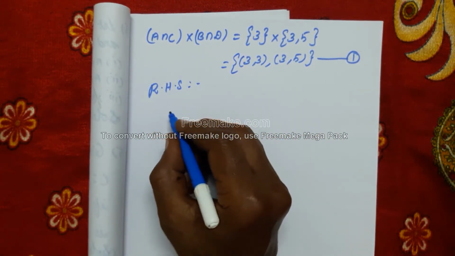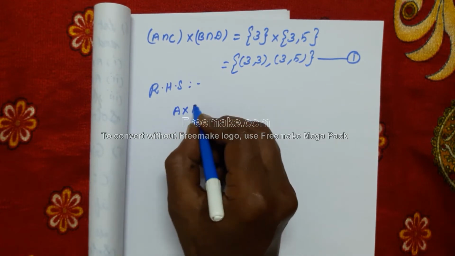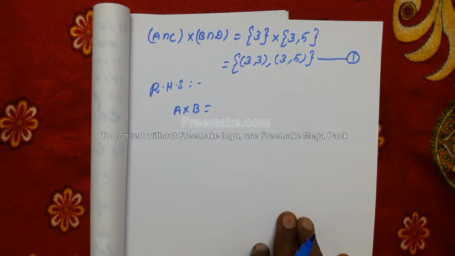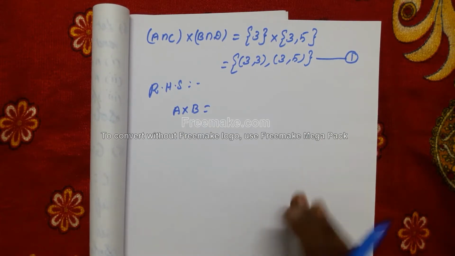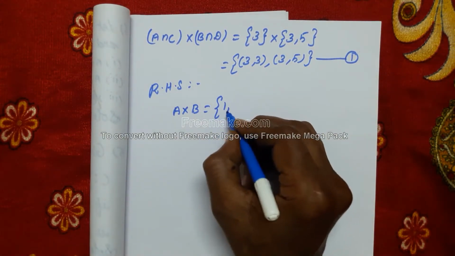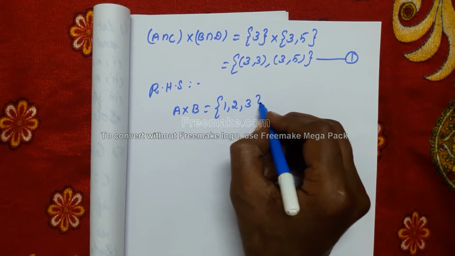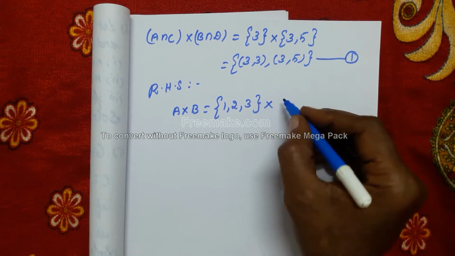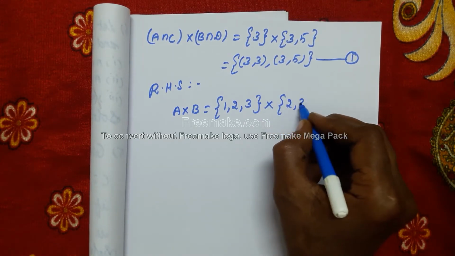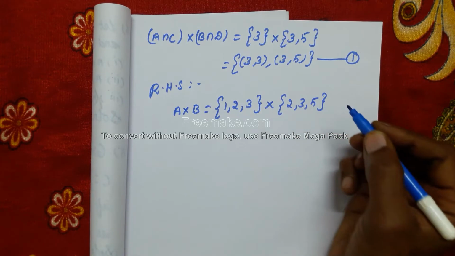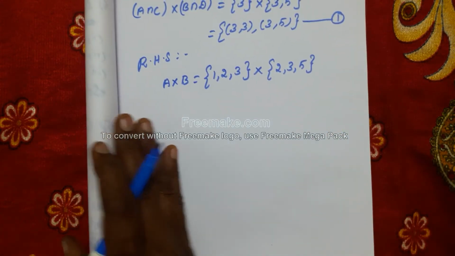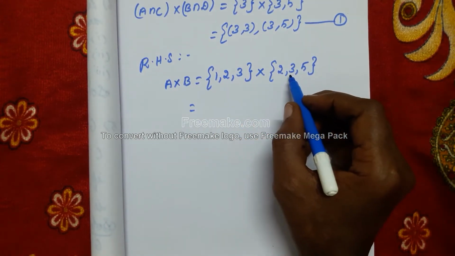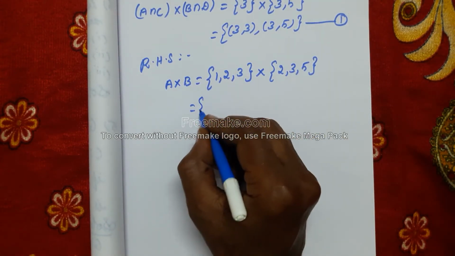We have to find out first A cross B. A is 1, 2, 3, cross B, which is 2, 3, 5. A cross B is equal to 1, 2, 3 cross 2, 3, 5.